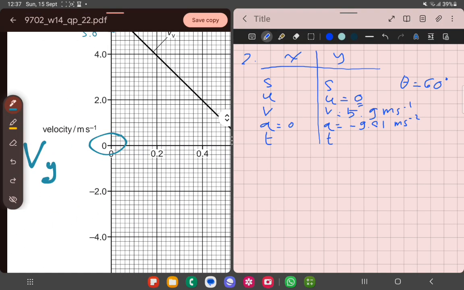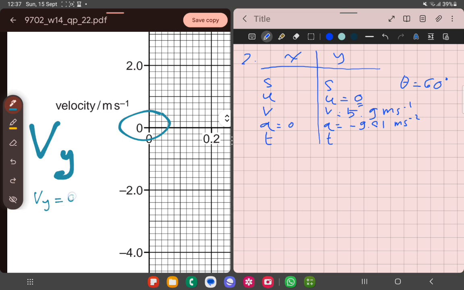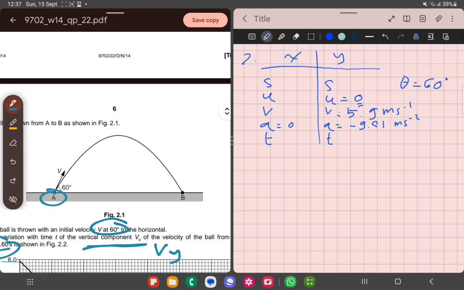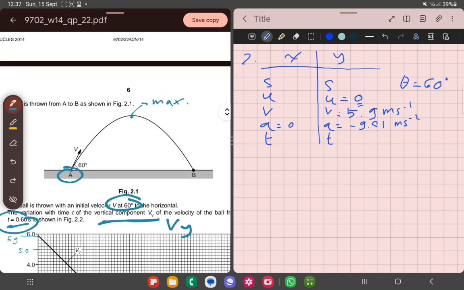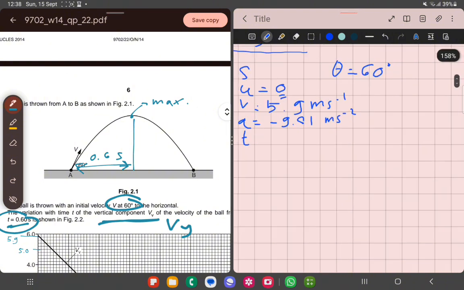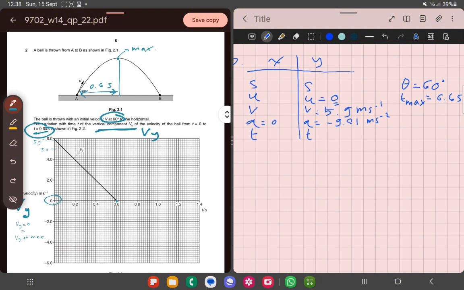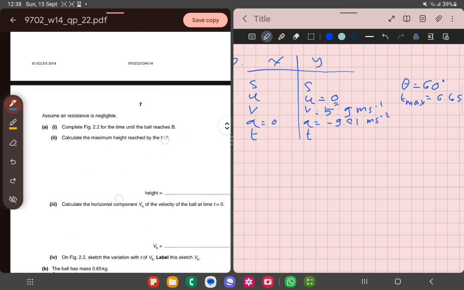However, let us take a look at the graph. It is stated that it is at velocity equals 0, meaning it is only until the ball reaches the maximum height. So only half of the time for the full projectile motion. So we can list the time at maximum height as 0.6.